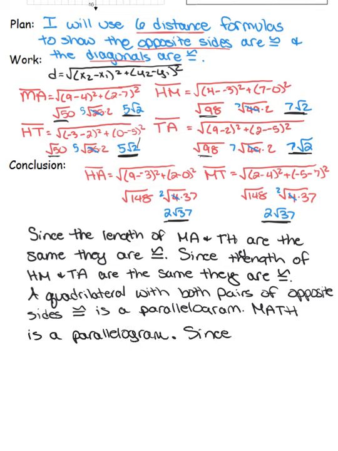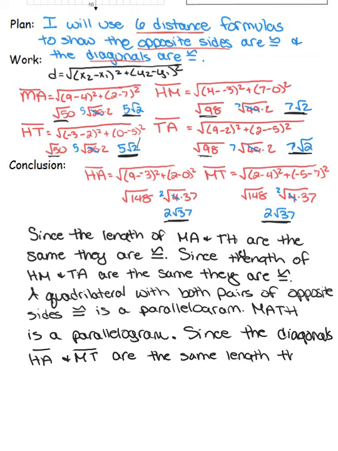Since the diagonals HA and MT are the same length, they are congruent.